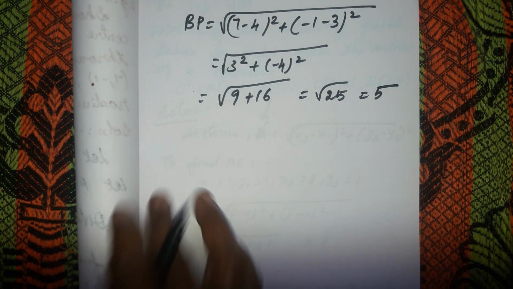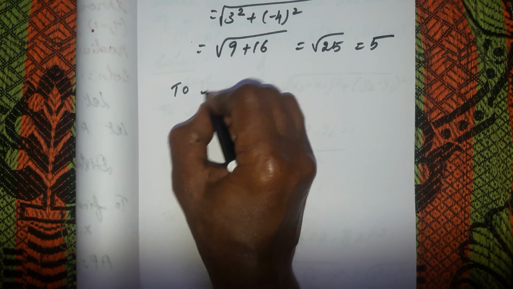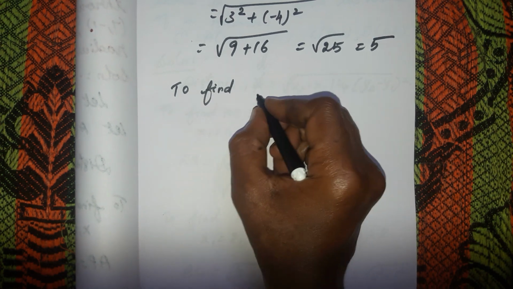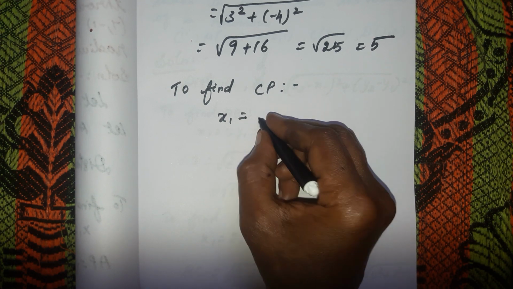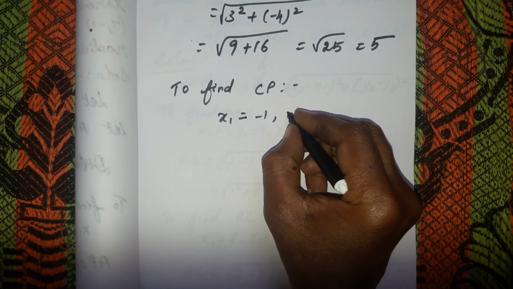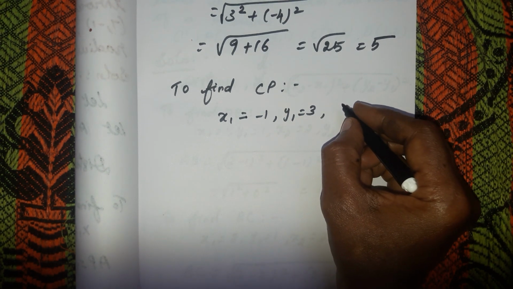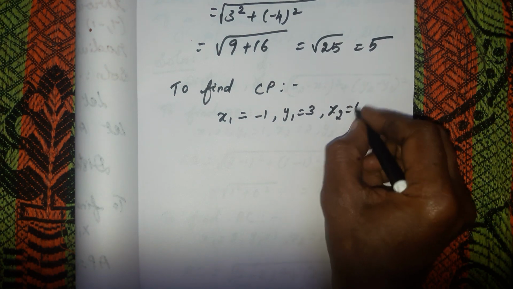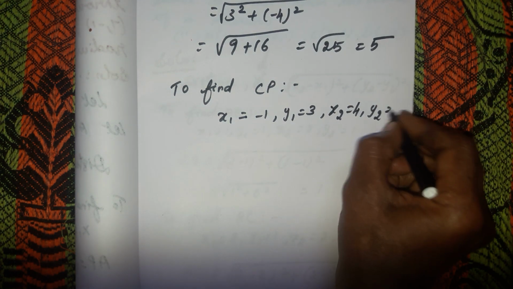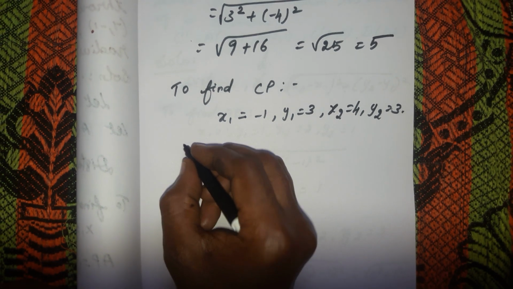Next, to find CP. x1 is equal to -1, y1 is equal to 3, and P is 4, 3, so x2 is equal to 4, y2 is equal to 3. So what we are getting?